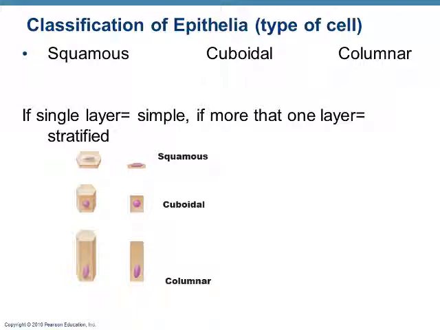In another type, you have the cells flat, thin and flat, nucleus inside. So this is called squamous. A squamous type epithelium, flat cells.